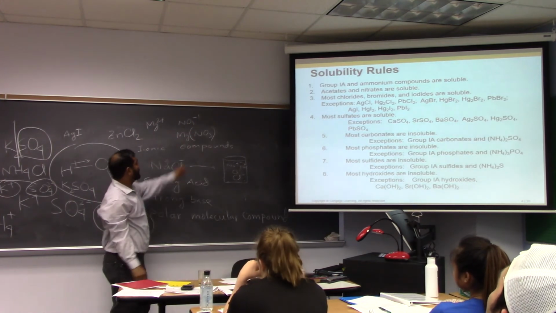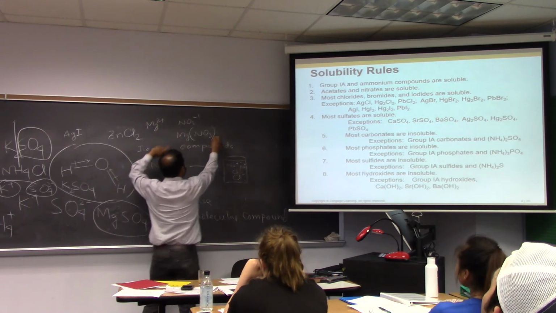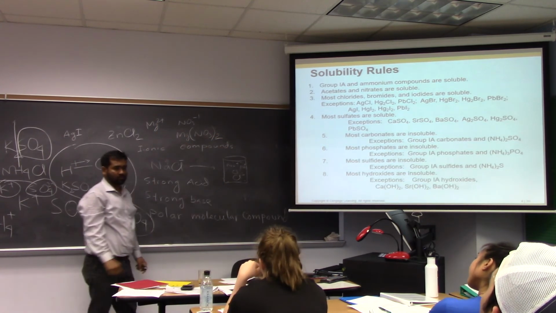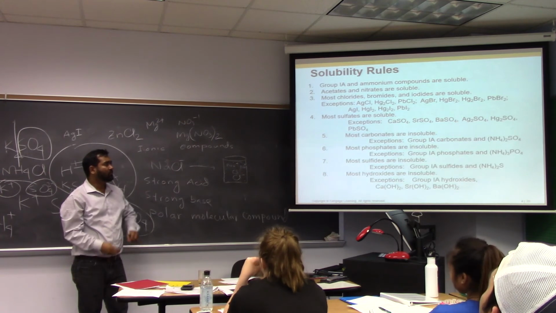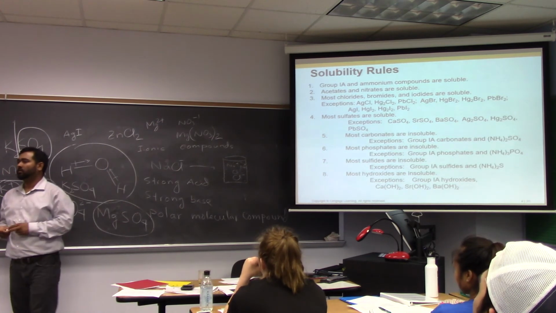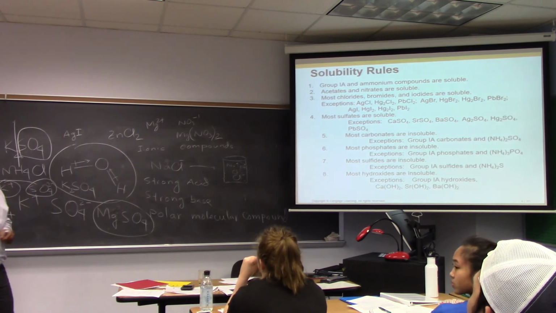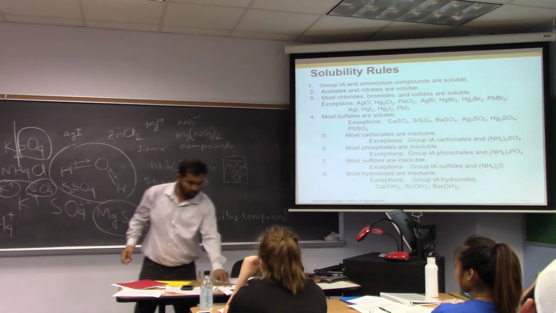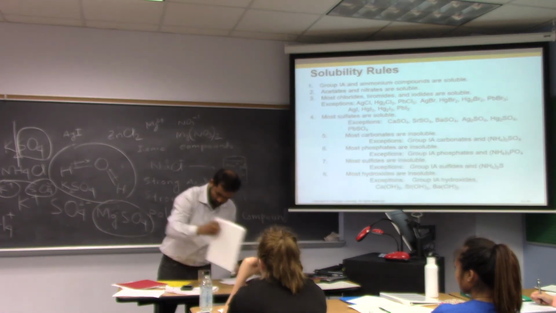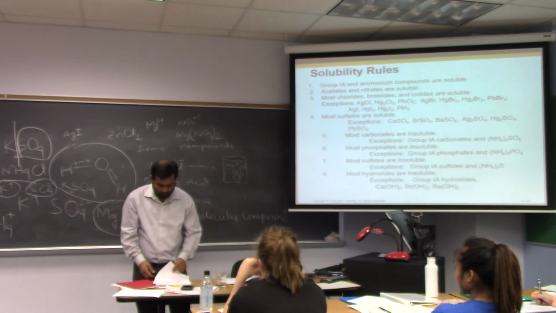So magnesium gets 1, and nitrate gets 2 from here. That's how it balances out. That's how you need to know how to write out a molecule. Any questions so far?